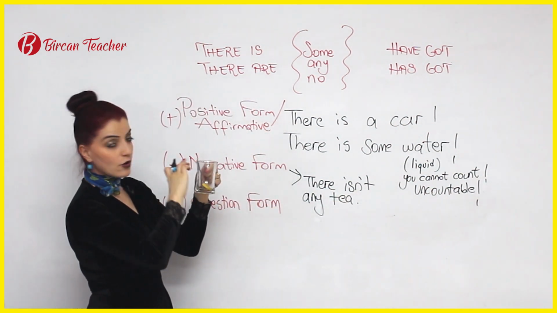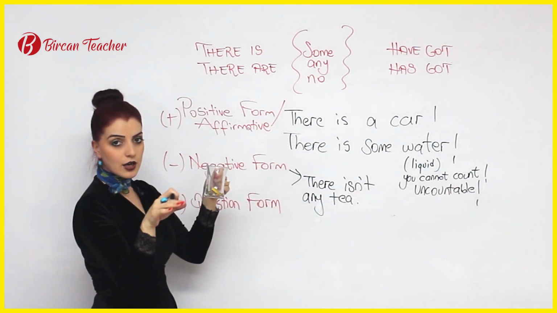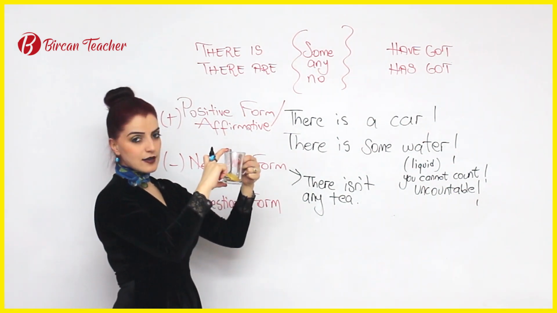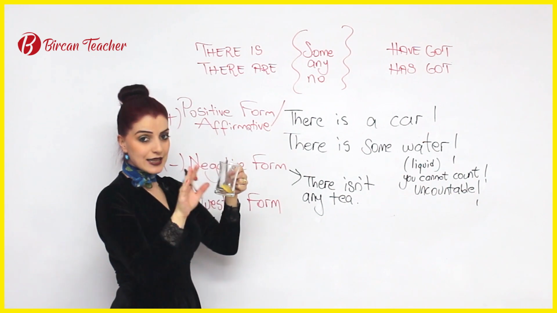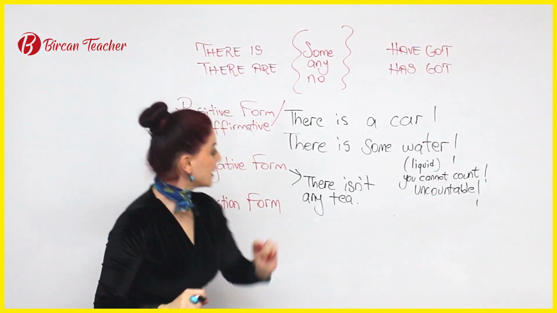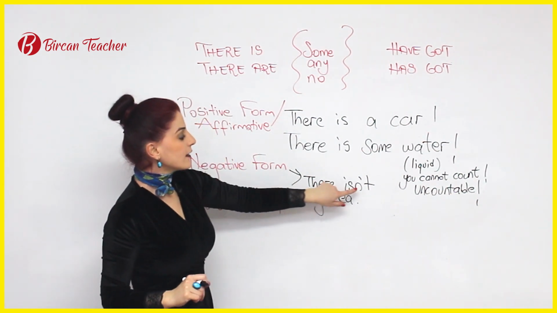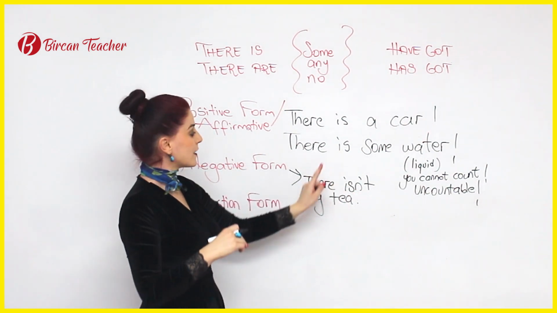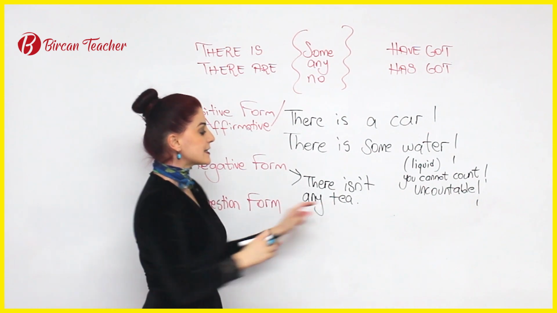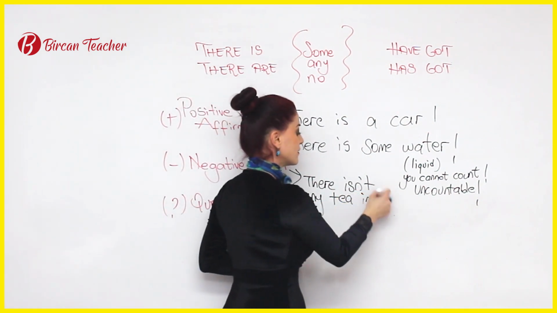You can see no water, no tea, no coffee, just a glass. So you don't see any liquids. You cannot drink anything. So in negative form, there is not is the long form, isn't is the short form. There isn't any tea.